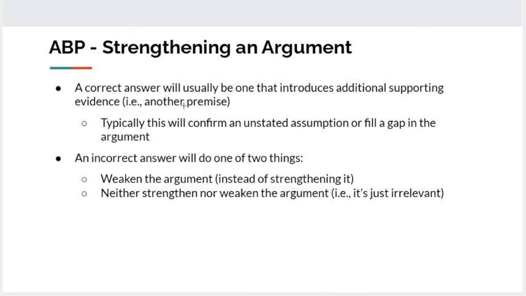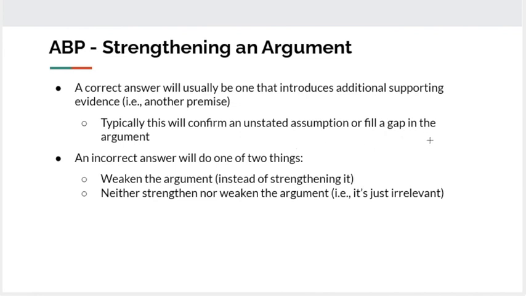So in other words, if there's an assumption that the argument makes that causes some uncertainty as to whether the conclusion is actually valid, well, if we can supply some piece of information that shows that that assumption is warranted or valid, then what that does is it gets rid of something that would have potentially weakened the argument, and in doing so, it will strengthen the argument.